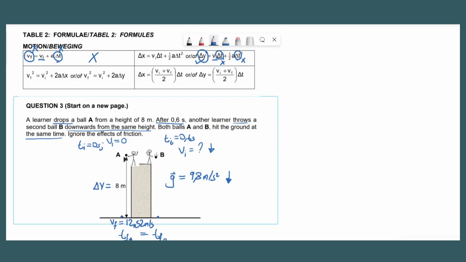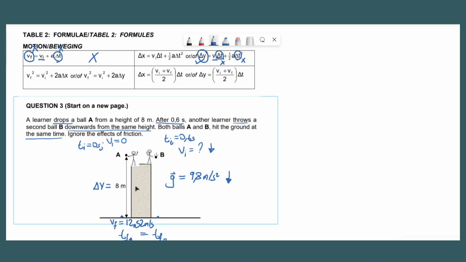But for ball A, we have got enough information to know its change in time. And then we can use this information about the initial time of ball B as well as the fact that they both hit the ground at the same time in order to relate the change in time of ball A to the change in time of ball B. And that is exactly what we are going to do.